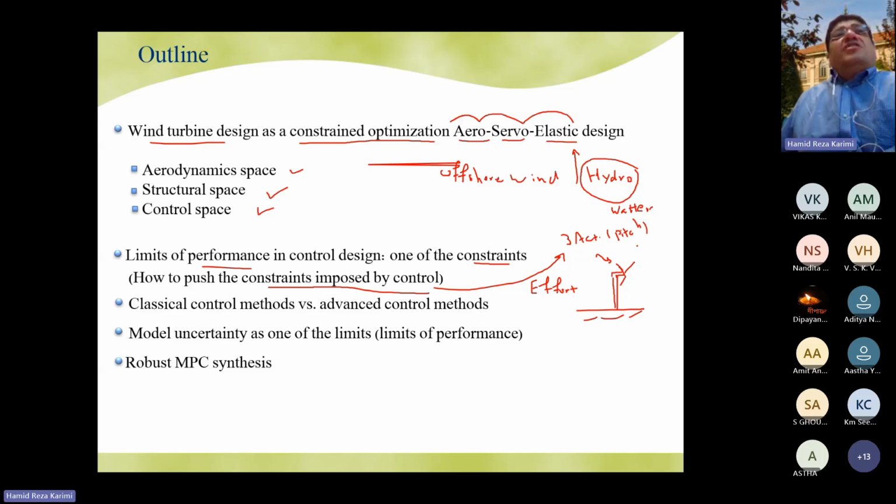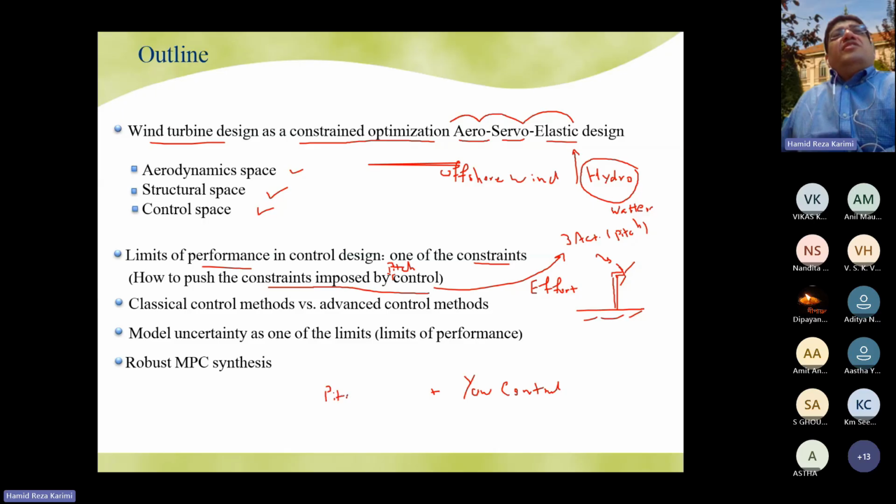So the research on the control of the wind turbine goes to the pitch control. Usually the turbine has two controls: one is the yaw control, and the second is the pitch control.